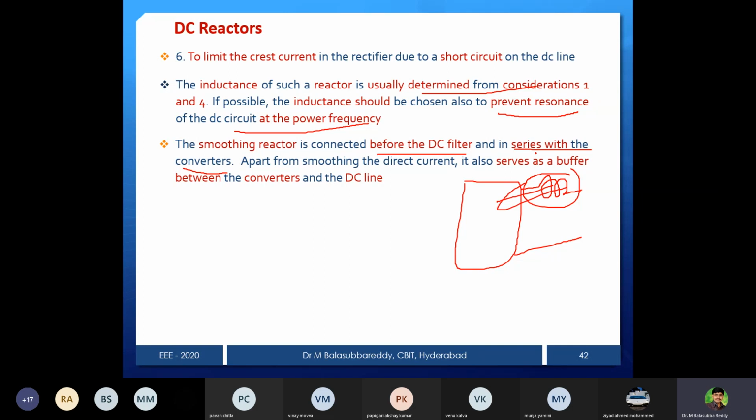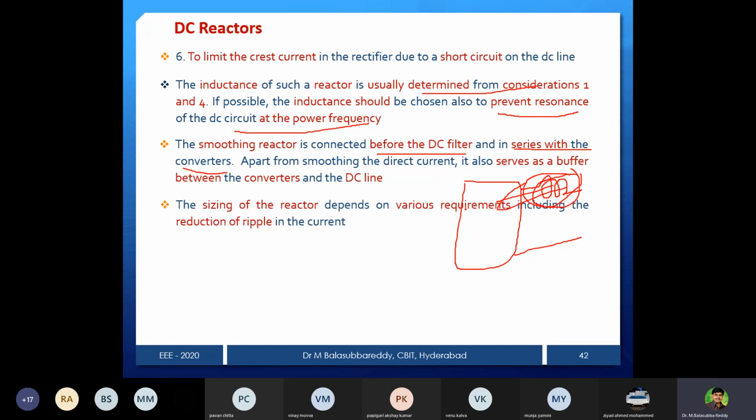Apart from smoothing the direct current, it also serves as a buffer between the converters and the DC line. Anyhow, this is the major protection in the case of rectifier stations.